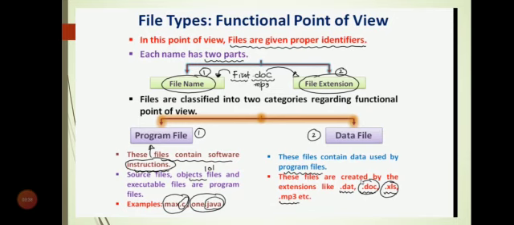Dear students, when we store a file in Microsoft Word, we always see that after the file name there is a three-letter extension after the dot, like .doc. DOC stands for document; it shows that this file is related to a document. First of all we need the file name and then the file extension.